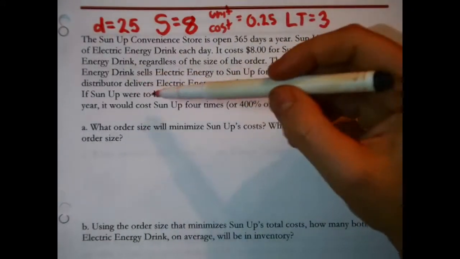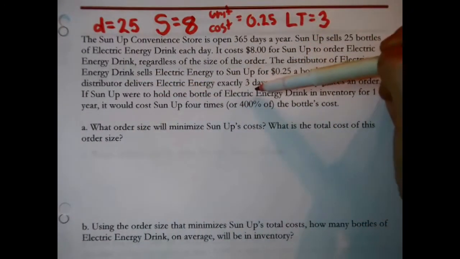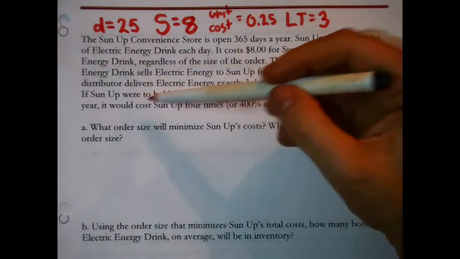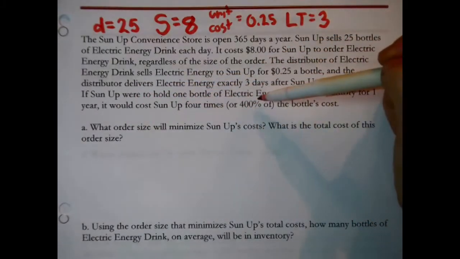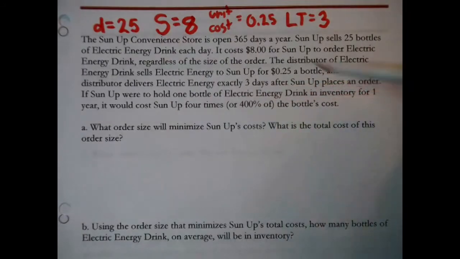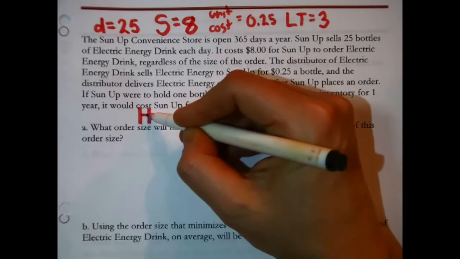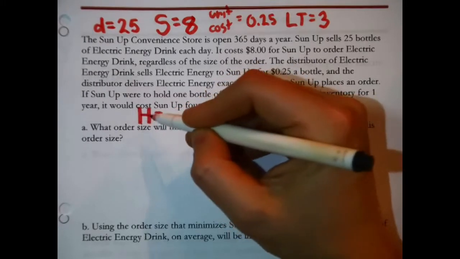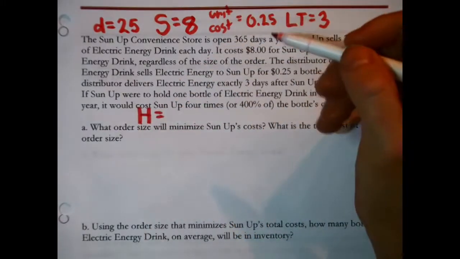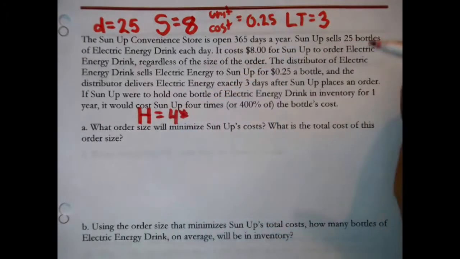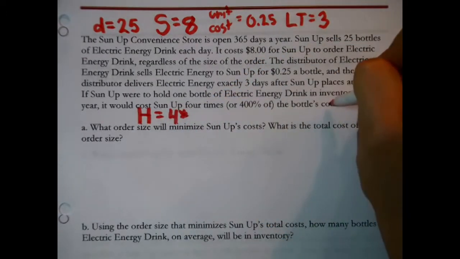If Sunup were to hold 1 bottle of electric energy drink in inventory for 1 year, it would cost Sunup 4 times or 400% of the bottle's cost. Oh, 1 unit held for 1 year, the cost of that is capital H in the EOQ model. And that is 4 times the bottle's cost.